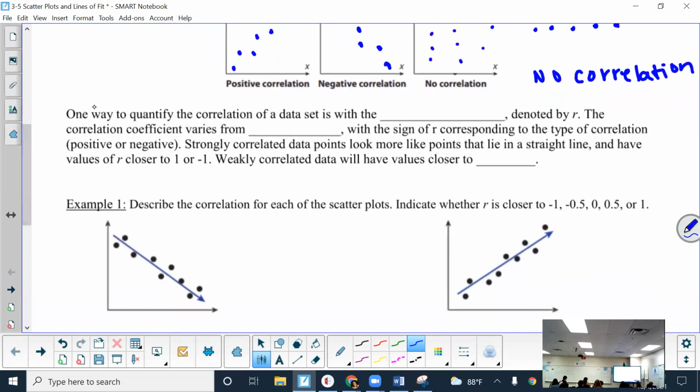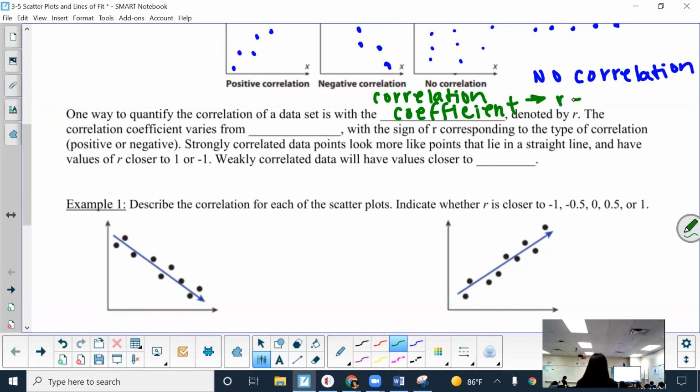All right, so then one way to quantify the correlation of a data set is with something called the correlation coefficient. You're gonna have to squeeze that in there. But the correlation coefficient is denoted by R, so it's also called your R value.